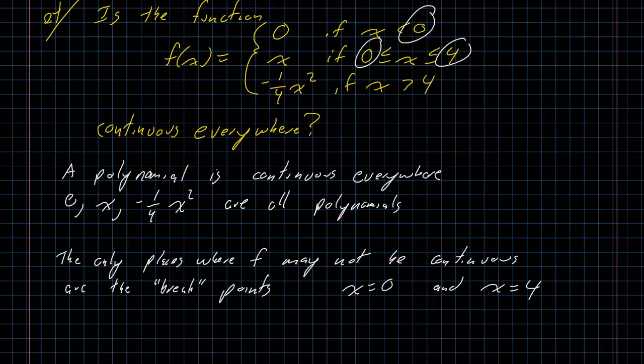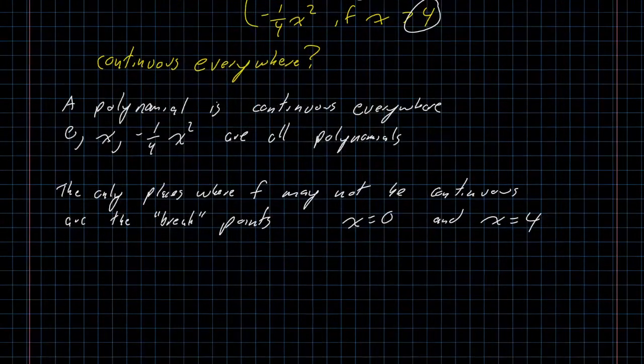The two places where the piecewise defined function jumps from one piece to another. And we can evaluate each of those pieces.